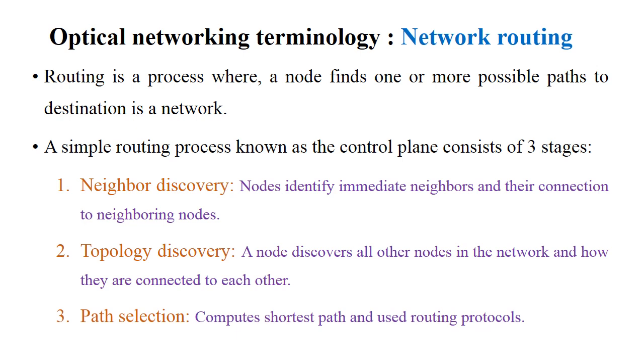From one network to another network, the topology may vary, so identifying the topology is also very important. The last one, path selection, computes the shortest path and uses the routing protocols. There are too many paths available from source to the destination, so path selection refers to identifying the shortest path for the data to transmit from source to the destination.